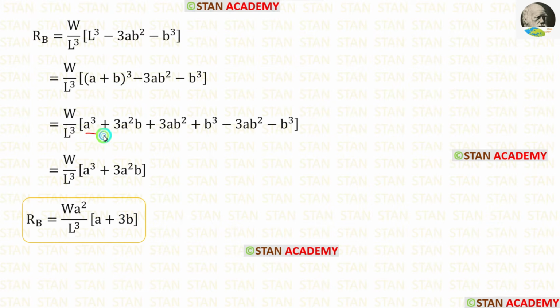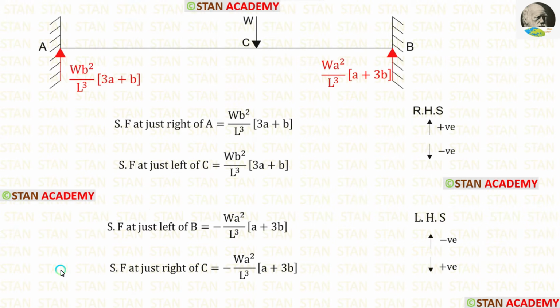The formula is A cube plus 3A square B plus 3AB square plus B cube. Then let us eliminate these two terms and B cube minus B cube. From here, let us take A square outside. Finally, we are getting RB, which is equal to WA square upon L cube into A plus 3B.